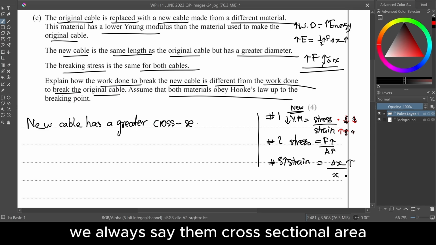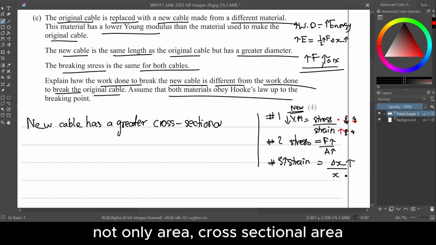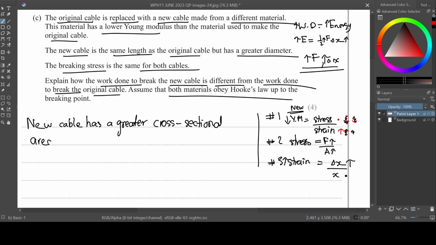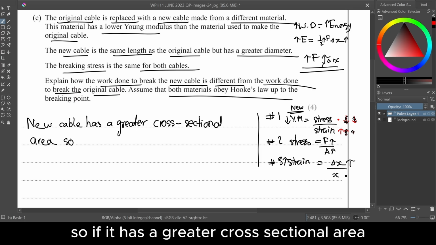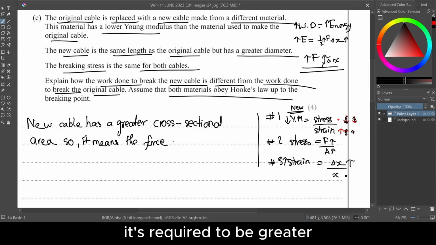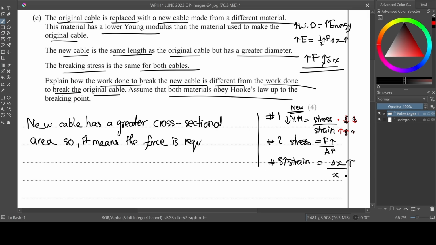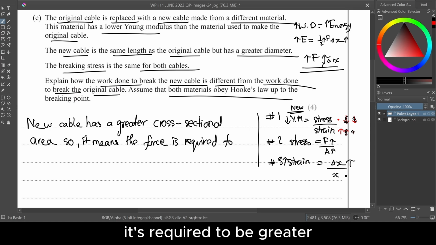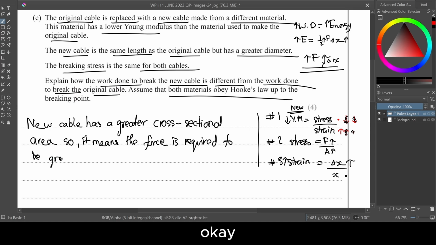We always say cross-sectional area, not only area. So if it has a greater cross-sectional area, then it means the force is required to be greater. Okay, first thing out of the way.